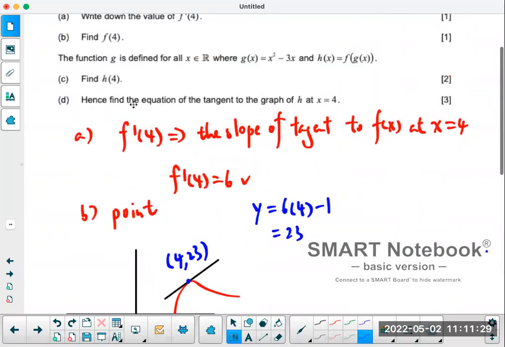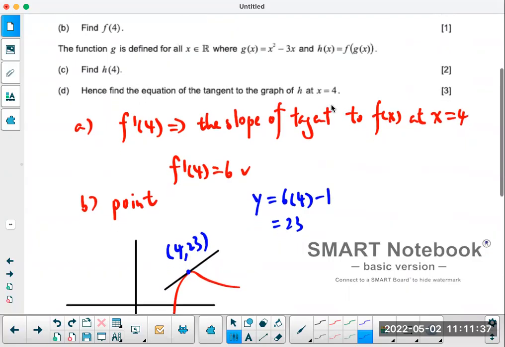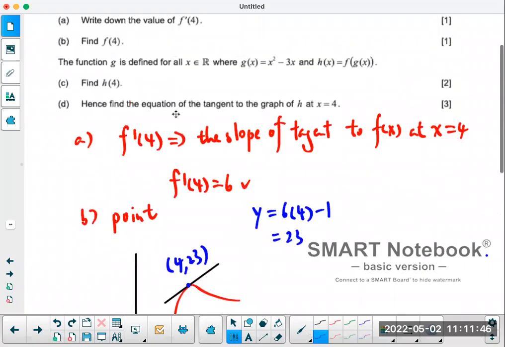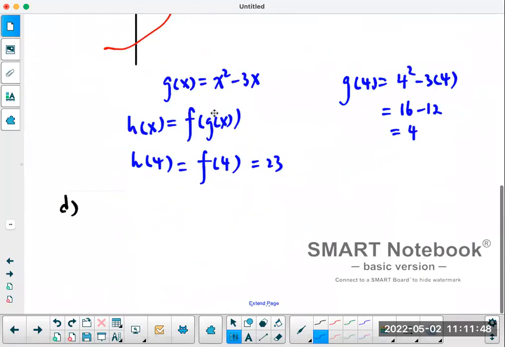Lastly, hence find the equation of the tangent to the graph of h at x equals 4. Right? That's the tricky question for this particular one. I want to find the equation of the tangent.